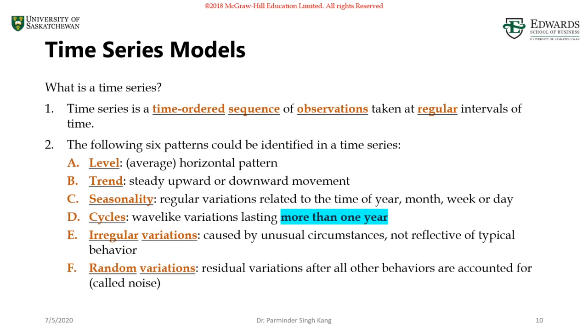The second component of time series is trend. Trend could show an upward or a downward movement. Some examples would be the population growth for a country, which would show an upward movement, right? Similarly, GDP growth, income growth.